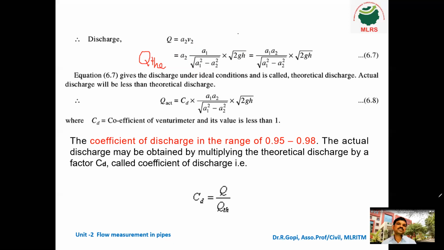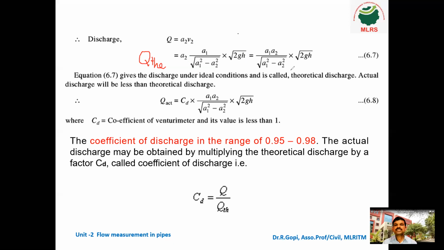So another discharge is there. That is called actual discharge. The actual discharge is obtained by multiplying the theoretical discharge by the coefficient of discharge of the venturimeter. Every venturimeter has some coefficient value.